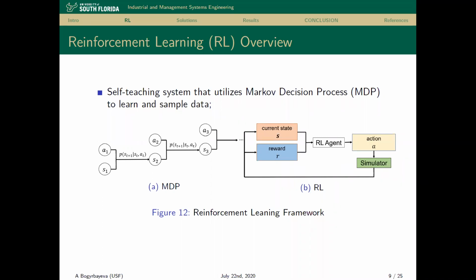If you have the simulator and the agent, you can just let them interact with each other. The agent interacts with the environment or simulator, and they're generating the data. So it's self-sufficient, it has its own data, and it receives data in terms of rewards and the states it has produced, and tries to learn so as to maximize the total expected reward.